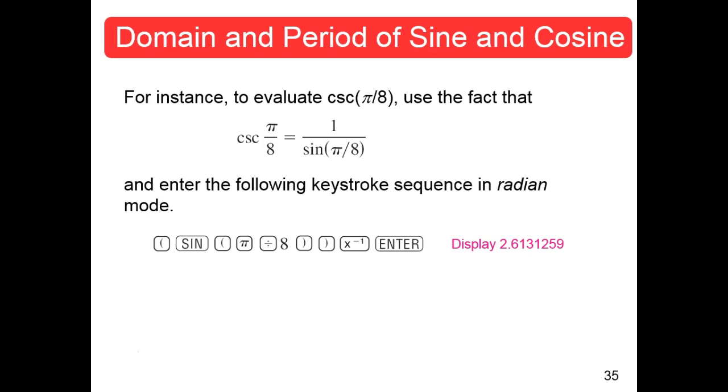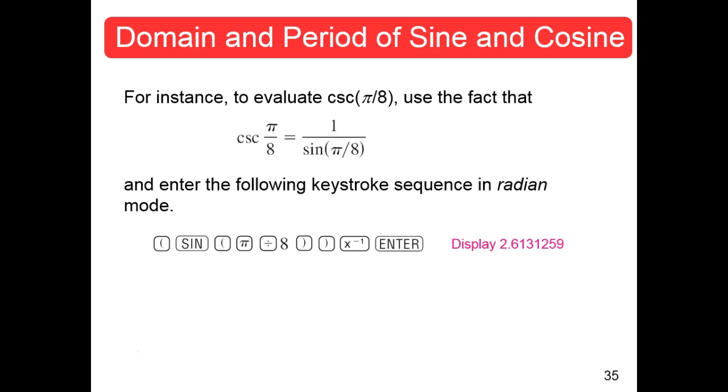Or, a little bit easier, as soon as you see this, do the sine key, sine of pi eighths, and then hit the reciprocal key. That's what they're showing down here. Now, the disadvantage of doing it this way is you've got to remember to open with a parenthesis to begin with.